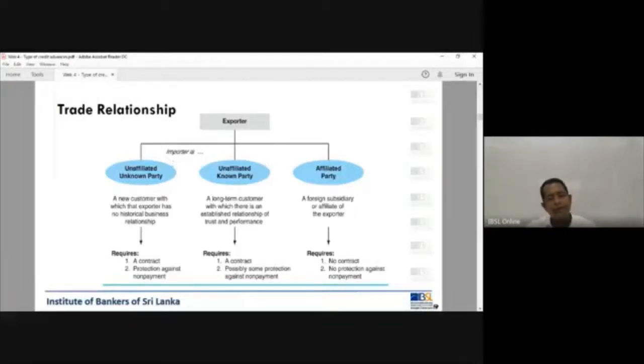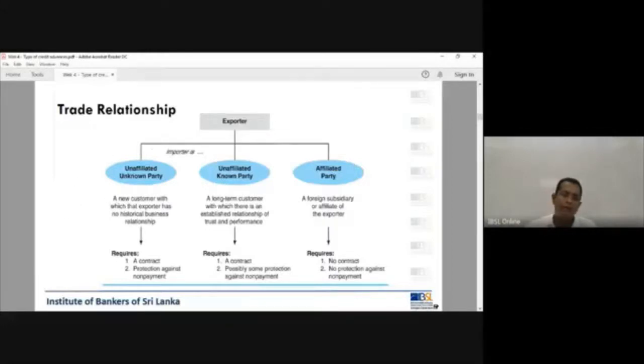Then the other type is we don't have a relationship, but we have done deals with this buyer. So though we don't have ownership or a relationship, we have done deals, so we know the payment patterns and the behavior of the buyer. Then affiliated, foreign subsidiary or affiliated to an exporter. There is a connection to the export.